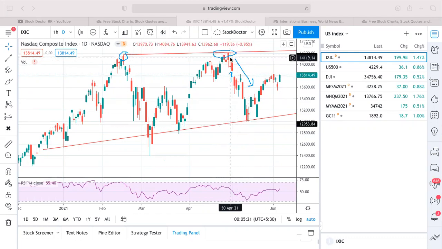But when the index starts its journey from this top to this bottom, your stock price will go down by a minimum of 15 to 20%. Now you are holding those stocks for your long-term goals, but in the short term they are going to crack about 15 to 20%.